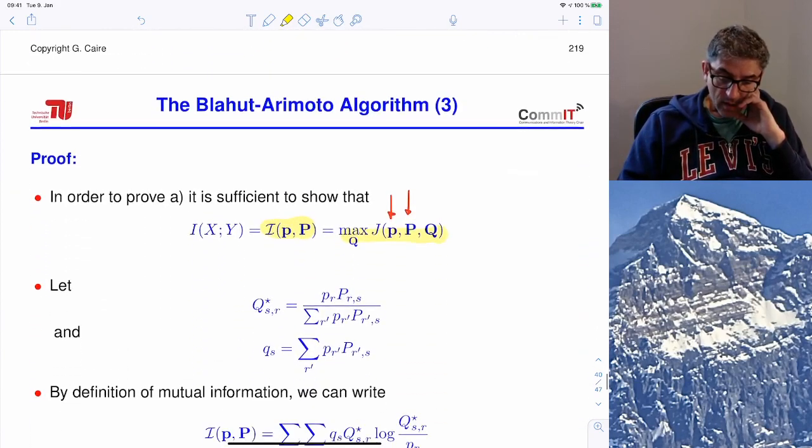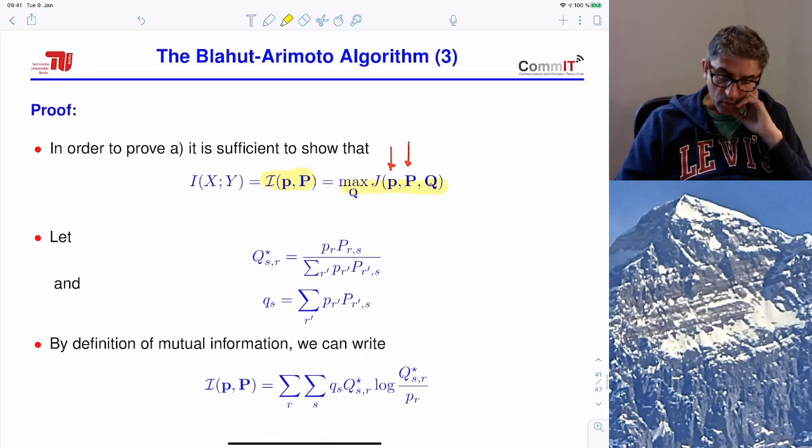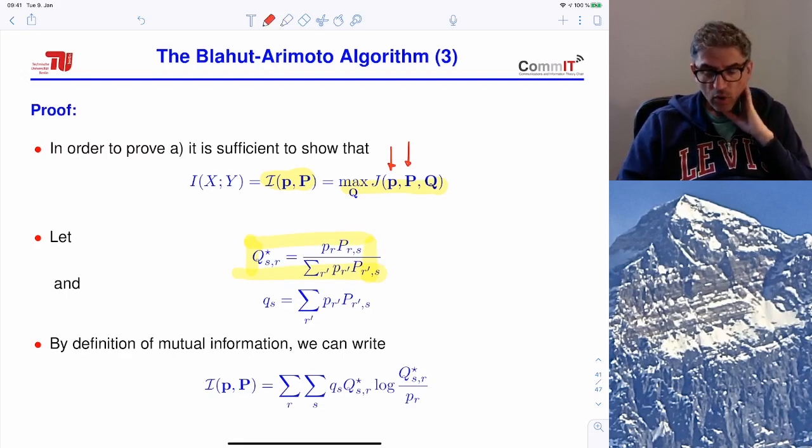Okay? So what we do, we let Q star be this specific choice. Question, is this a conditional probability distribution of the output given the input? Yeah. Let's see if it is true.